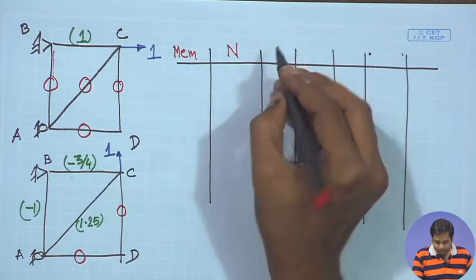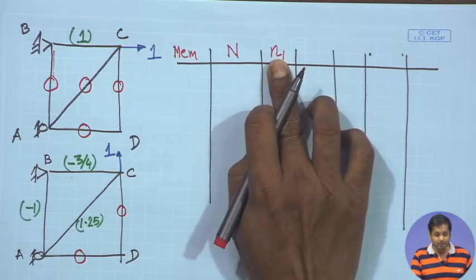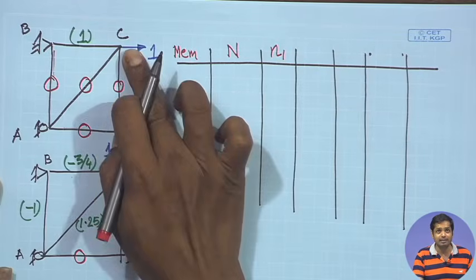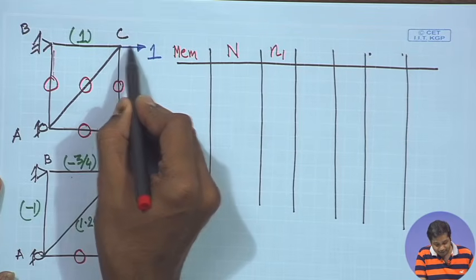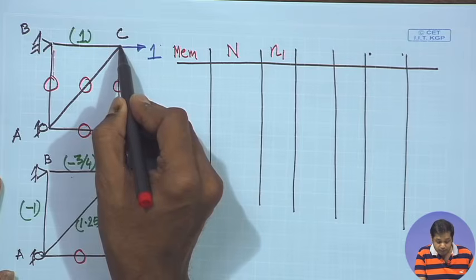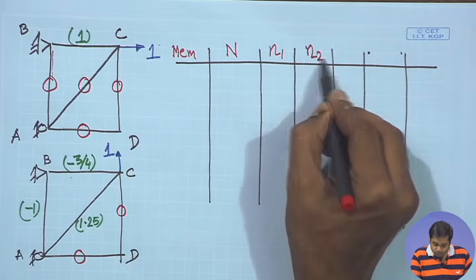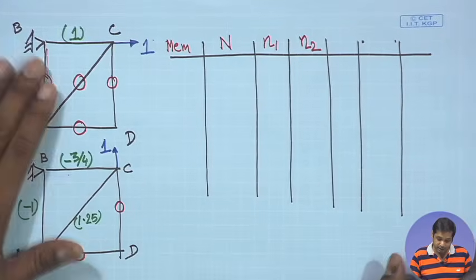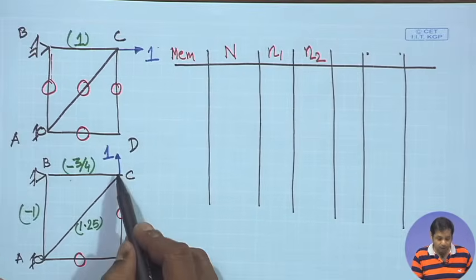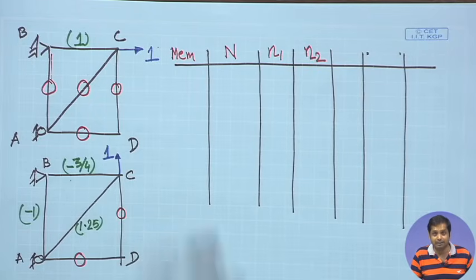And then we have N1. N1 is the force in the members due to the unit load at C in the horizontal direction. And then N2 are the member forces due to the unit load at C in the vertical direction, okay.